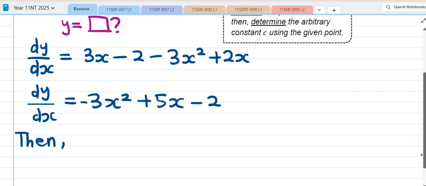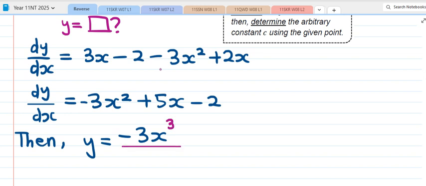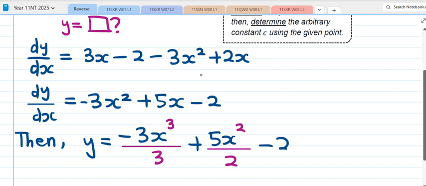Then dy by dx becomes y. Negative 3x to the power of 2 will be negative 3x to the power of 3, because 2 plus 1 is 3, also divide this by 3. Plus 5x to the power of 1 becomes 5x to the power of 2, everything divided by 2, and then minus 2x, because here the constant is x to the power of 0.